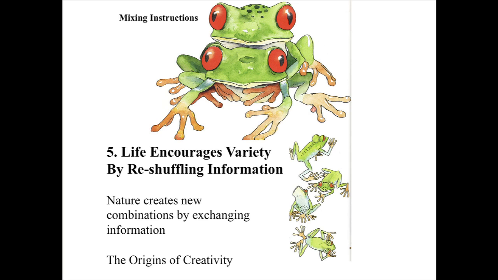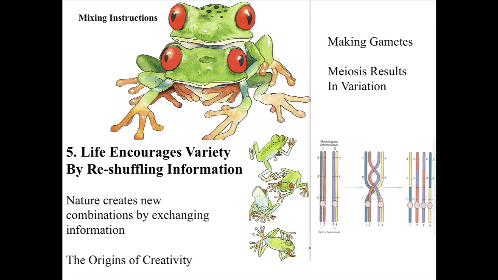That's what sexual reproduction is involved with. So life encourages variety by combining information through the mechanisms of making gametes and recombining them. So making gametes, eggs and sperm, two vehicles, recombining through the process of meiosis to shuffle the deck.